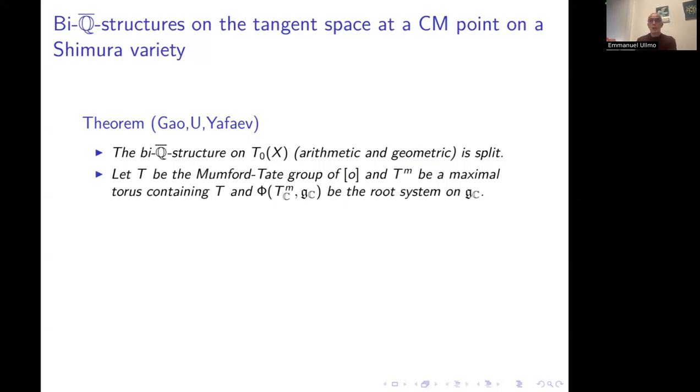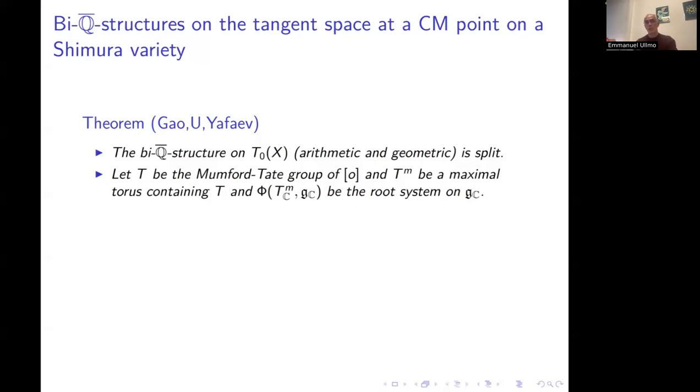The way it works is quite simple. If you look at the Mumford group of the CM point, the abelian variety corresponding to the CM point you're working with, you embed this Mumford group in a maximal torus containing T.